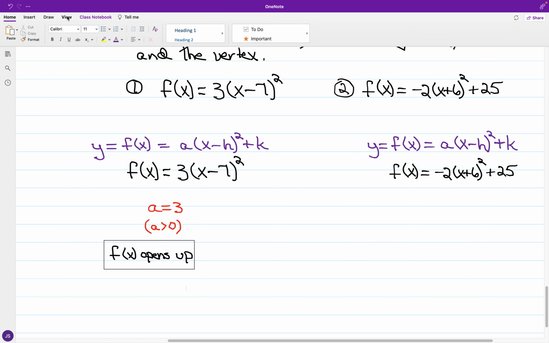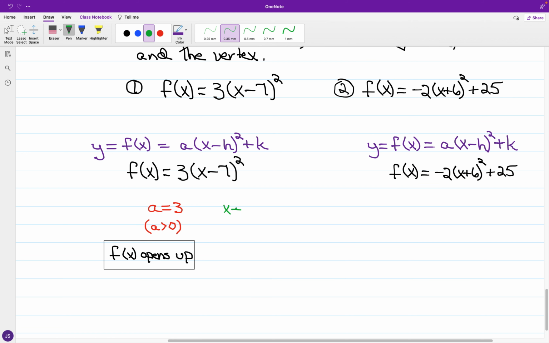In pursuit of the axis of symmetry, x minus h is represented by x minus 7. The h value is going to be the 0 of x minus 7, so x is equal to 7. Thus, the axis of symmetry will be at x is equal to 7.